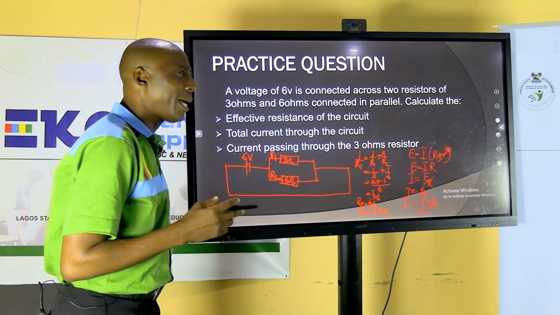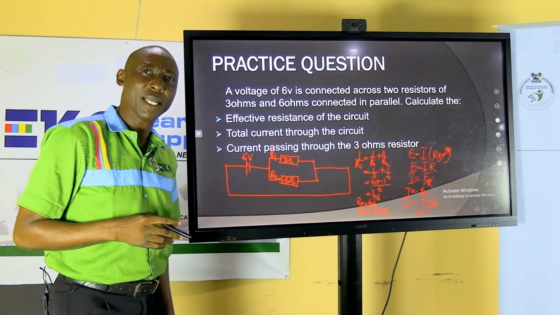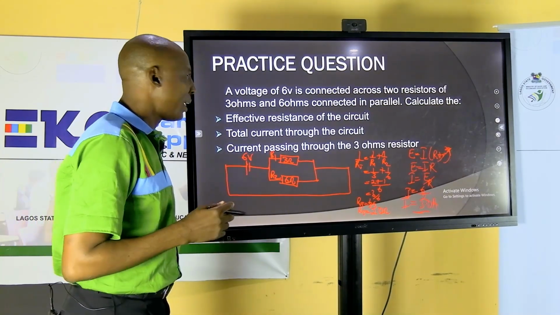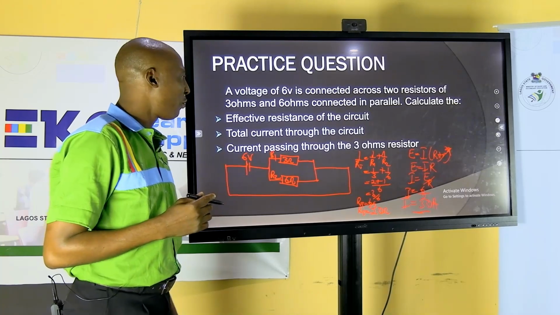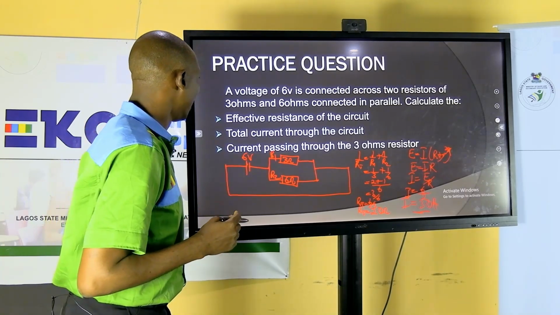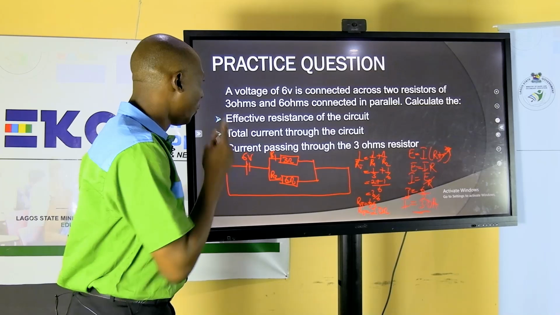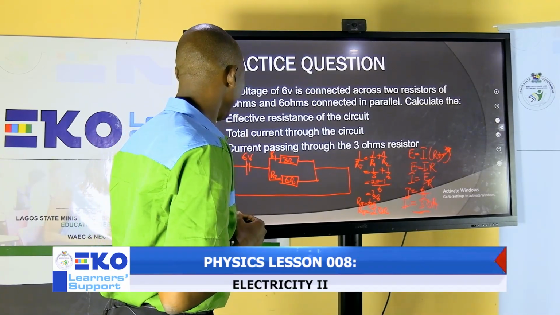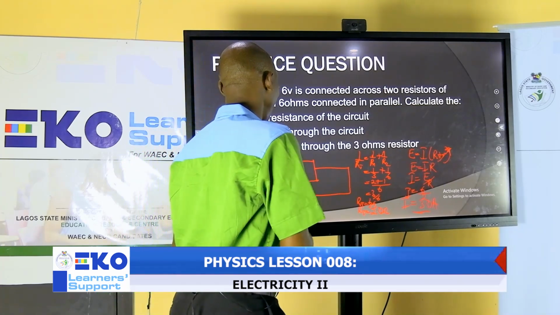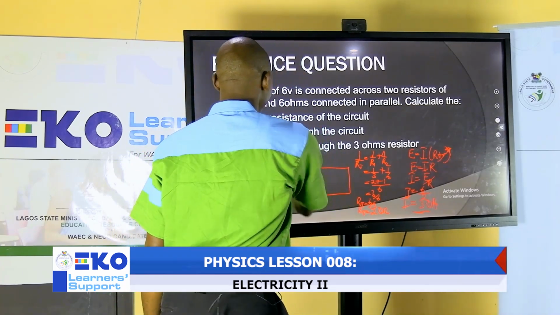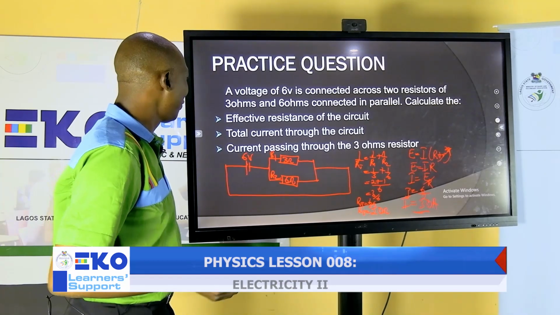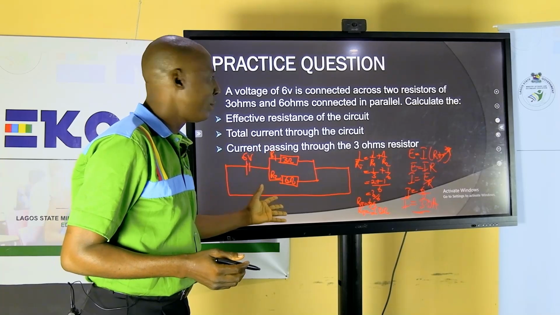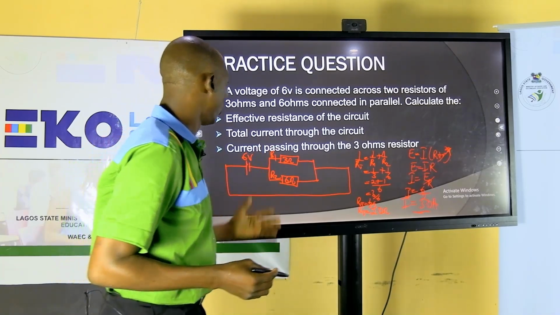I said the bigger the amount of resistance, the smaller the amount of current. So what are we going to do? The first thing we need to do, we need to know the PD throughout the circuit. So what is the PD throughout the circuit? Which is what we also have here, because it has no internal resistance. Having known the PD, and we know that the PD in parallel is the same, from the PD we can know the current passing through 3 ohms.